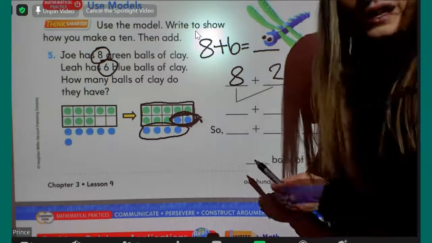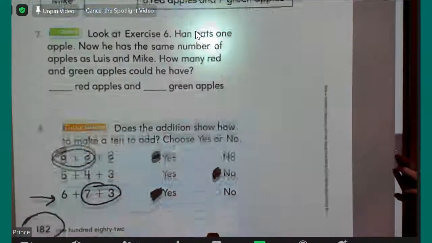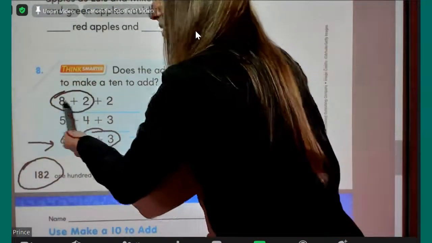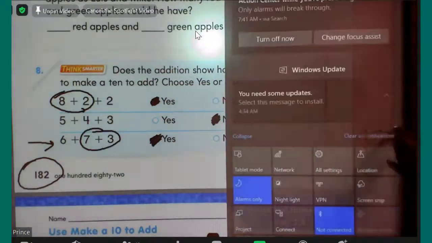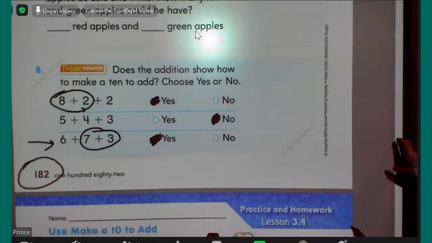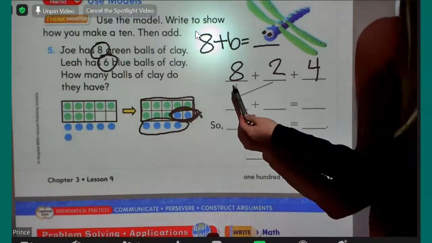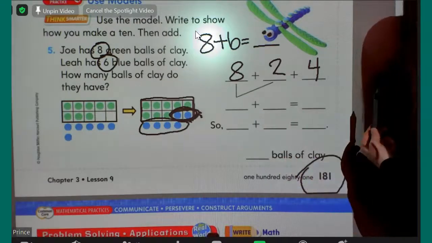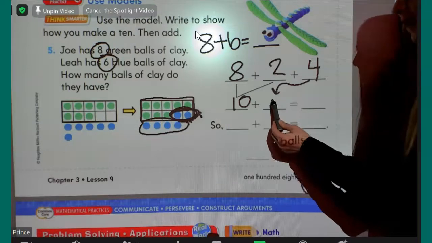We can put 8 and 2 together because we just learned right down here that we can build a 10 using 8 plus 2. So, Alakai, what is 8 plus 2? 10, good job. And then take your 4 and put it back.